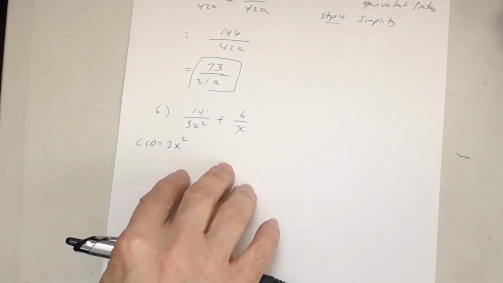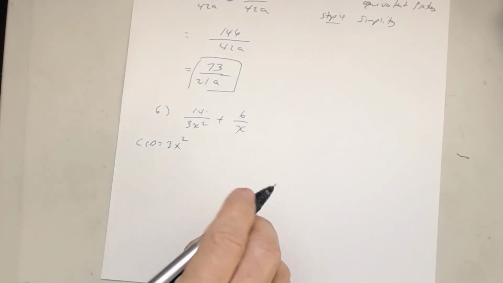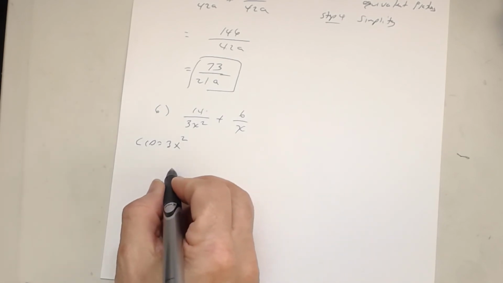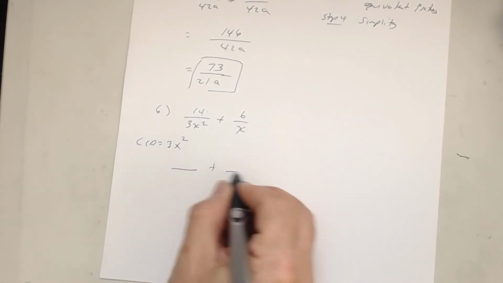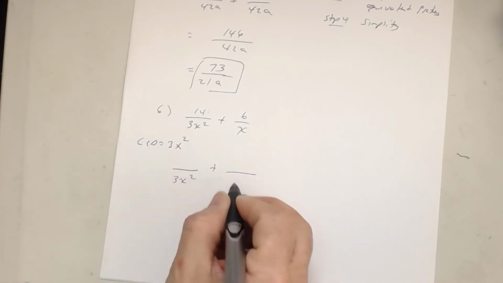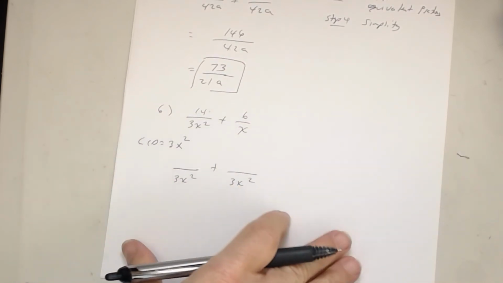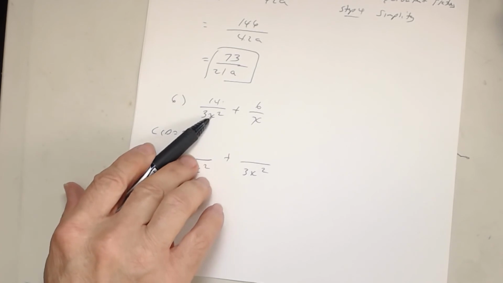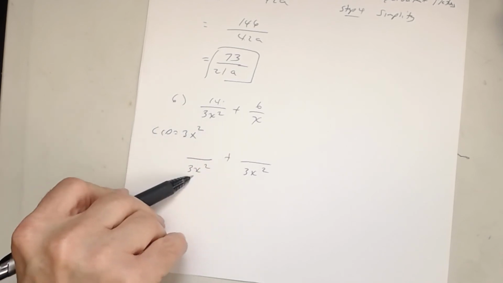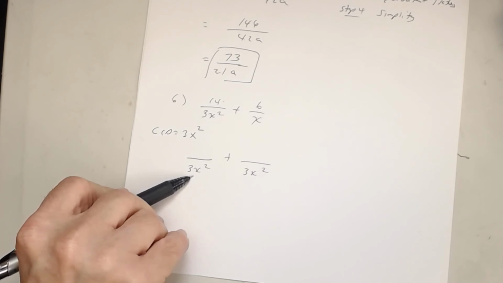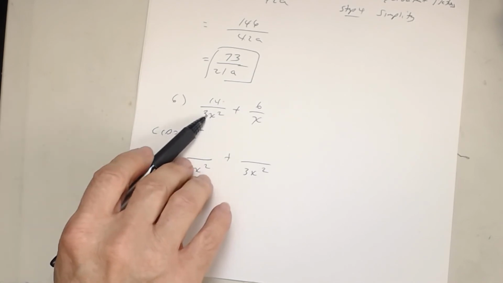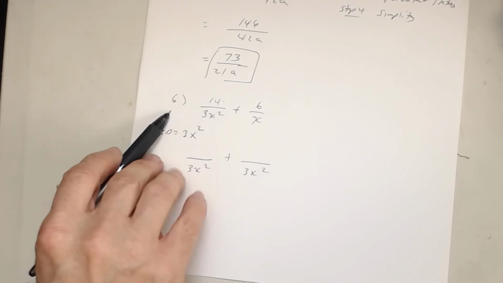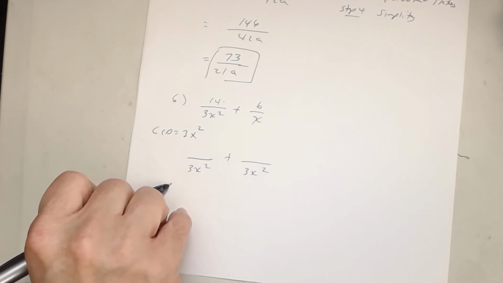So once I find the LCD, the next step is to write equivalent fractions. So now I'm going to write 2 fractions with what denominator? 3x squared. Three x squared, and I want 3x squared. Well, those are the same. So basically what's happening is that 3x squared times 1 is 3x squared, right?